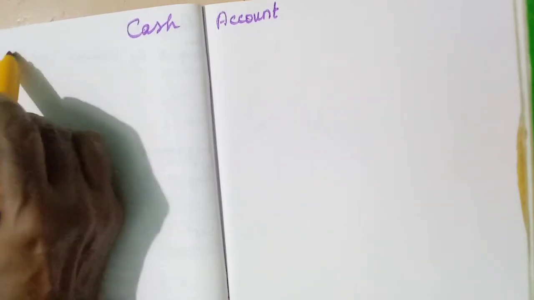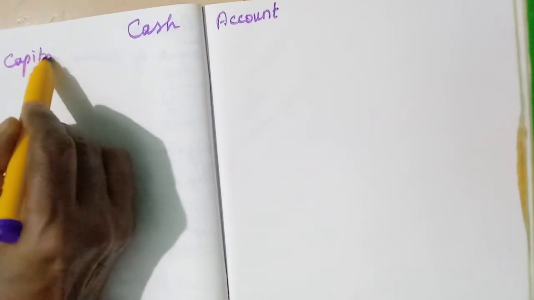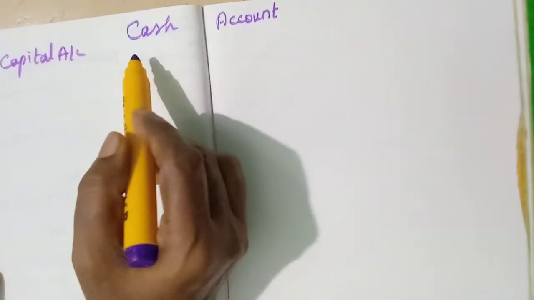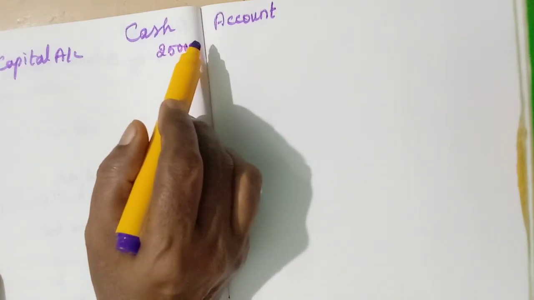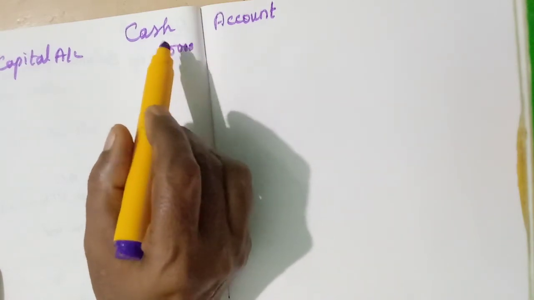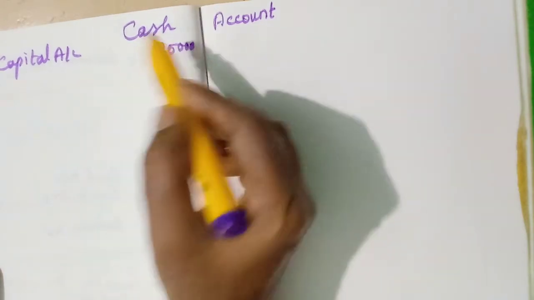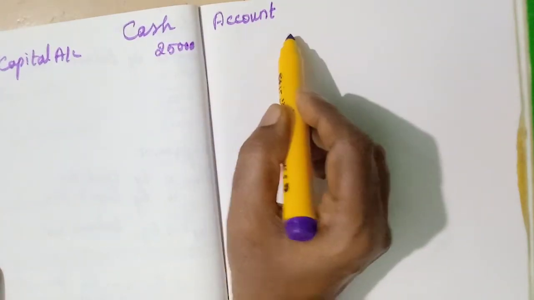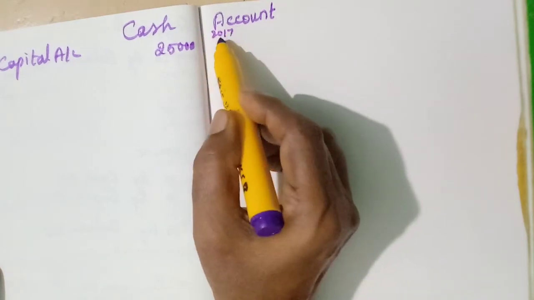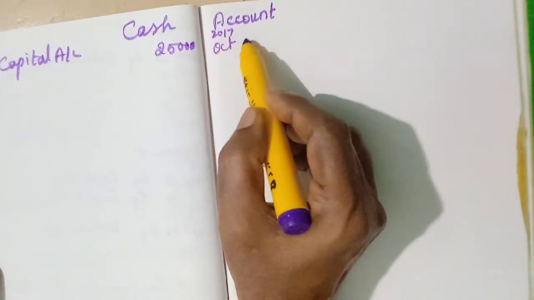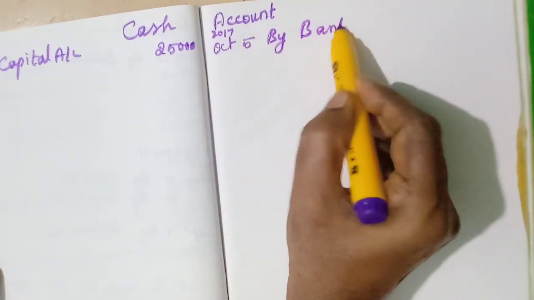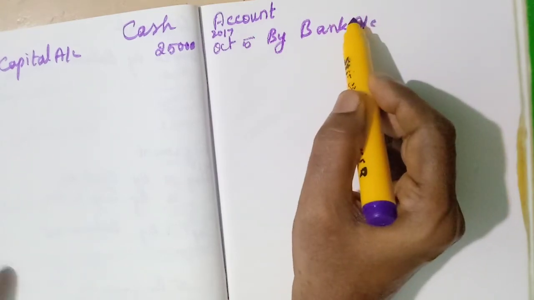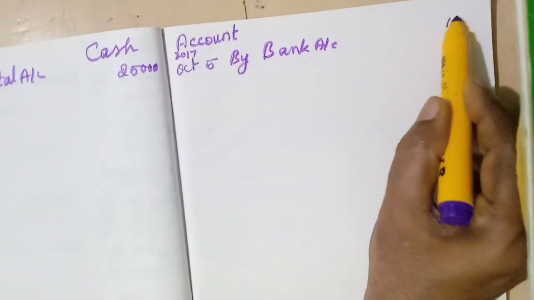Okay, to capital account 25,000. First post all the cash accounts. Okay. Then next one, deposited into bank. Bank account debtor to cash. So cash is credited. So credit side we have to write. First you write the date 5, isn't it? So by bank account 12,500.